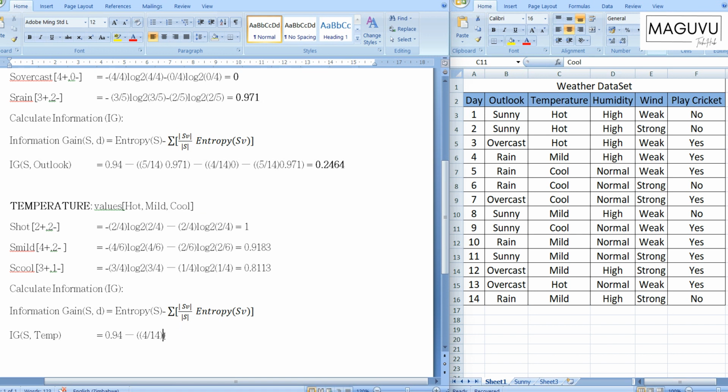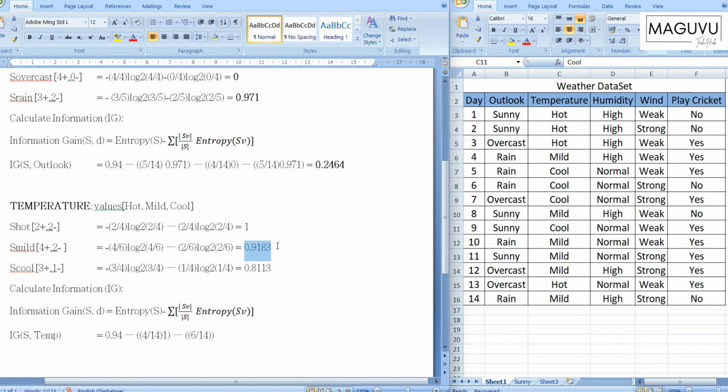So we multiply by 1, and then we proceed to do that for the next value. The next value has got a contribution of 6 divided by 14 multiplied by the entropy that we have here, which is that value.